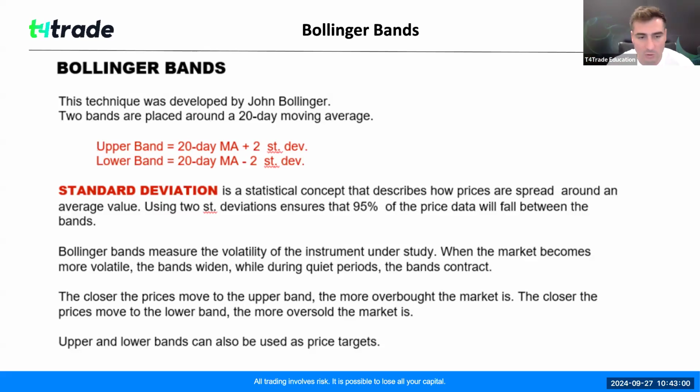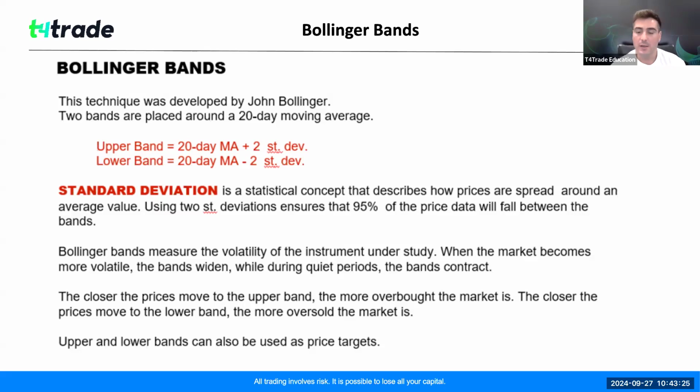Okay, again, I'm going to elaborate once more. Standard deviation is a statistical concept that describes how prices are spread around an average value. And we're not going to go into the specifics of how standard deviations are calculated. These are mechanical tools that are already predetermined.